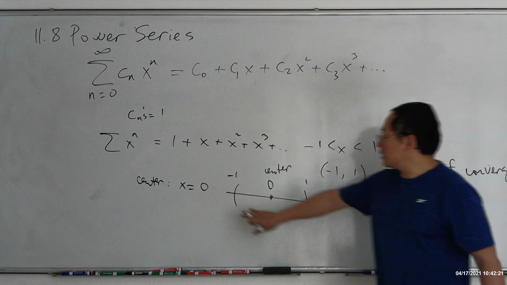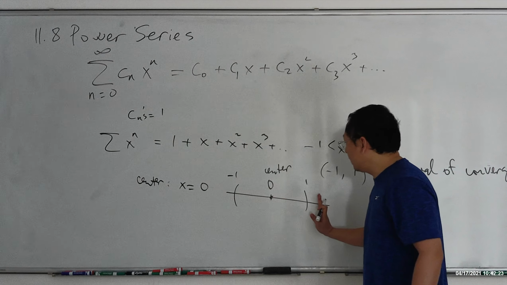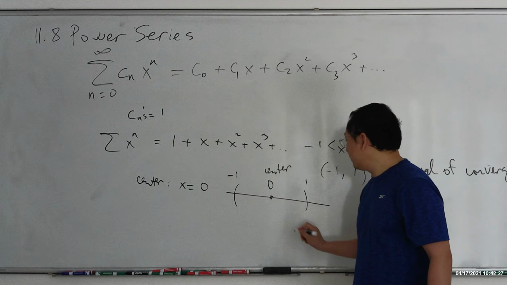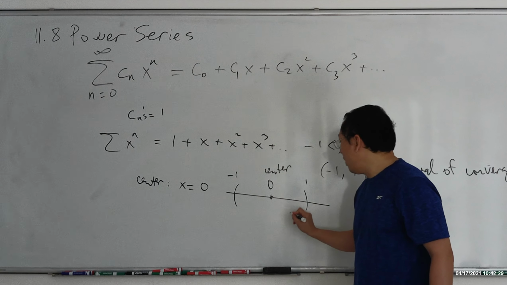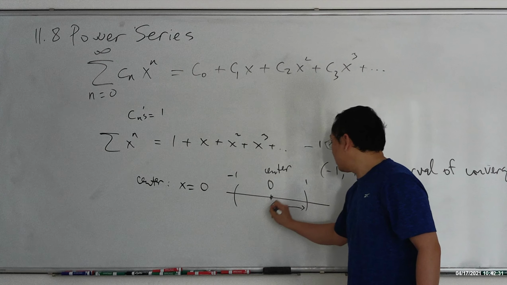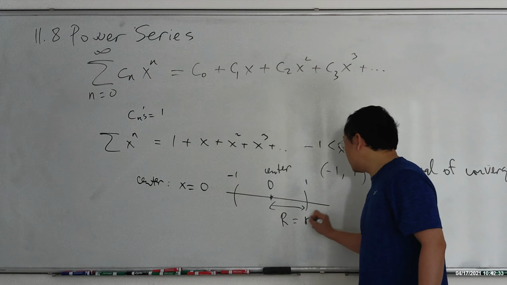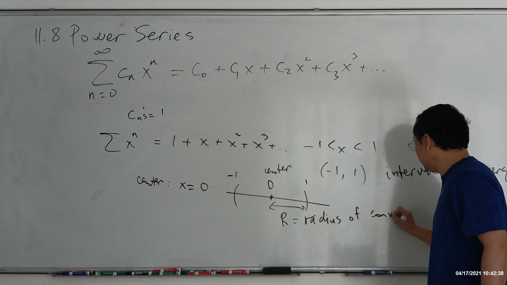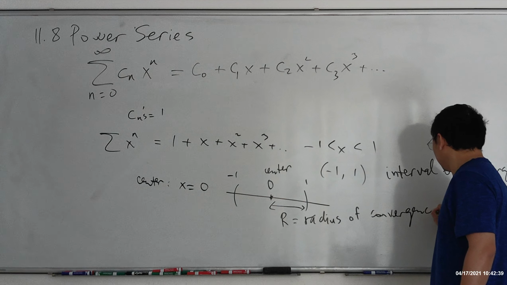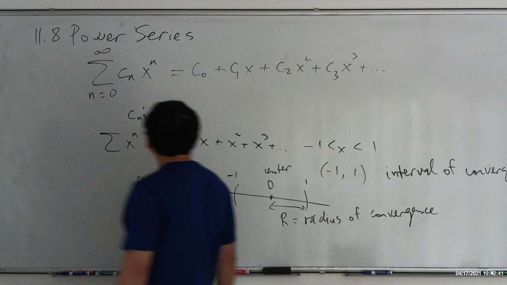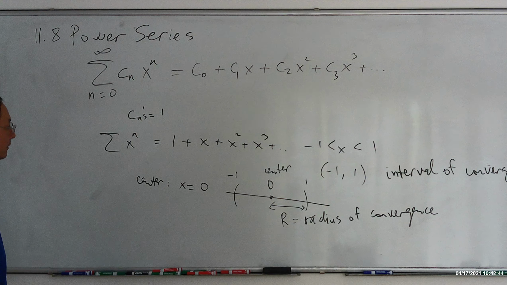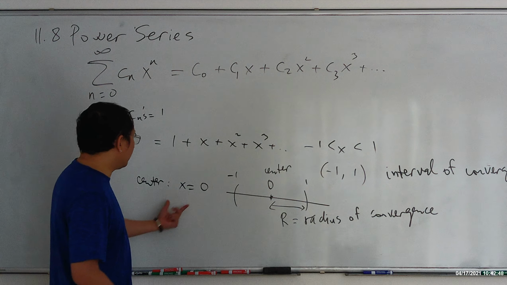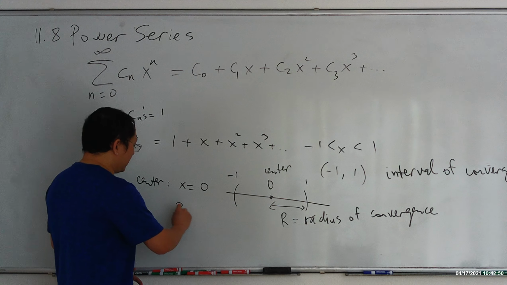The series will be convergent at the center, and then it can move a little bit to the left and a little bit to the right. How far can it go? This is 1. The distance from the center to here is called r, the radius of convergence. In this example, the center is x equal to 0 and r is equal to 1.